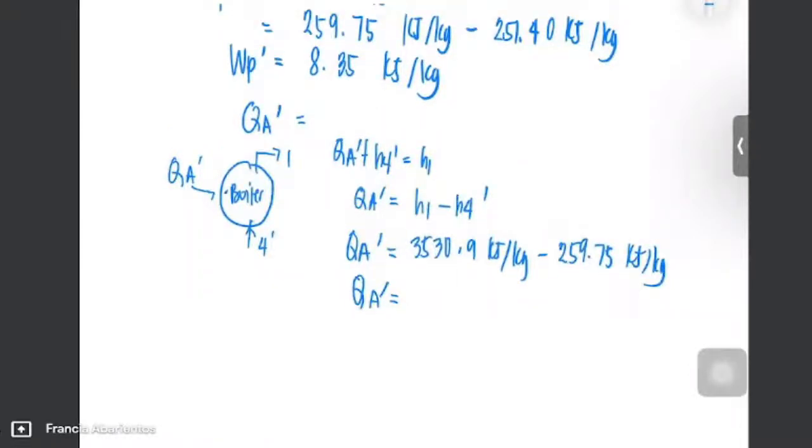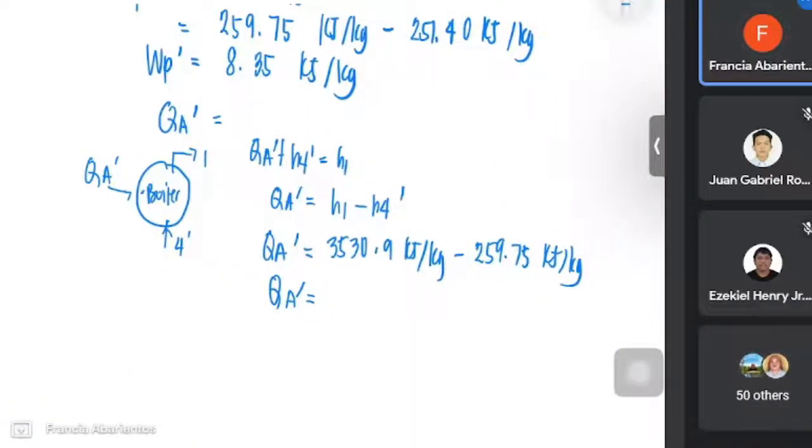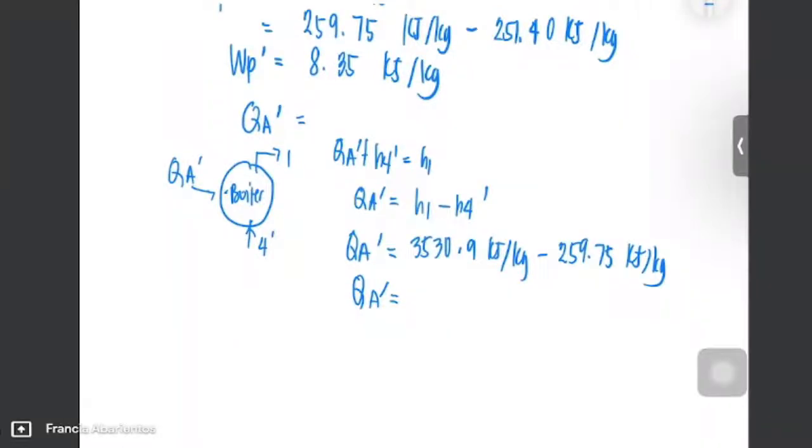May mali ba? Oh, wait. Okay. 37 ba? Bakit 37? Ano yun class? May makita akong iba. Okay. We have now 3271.15 kilojoule per kilogram.